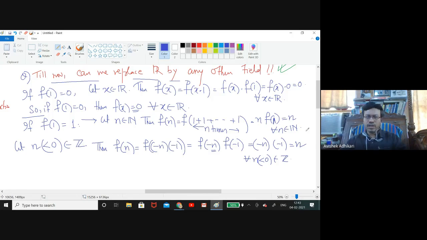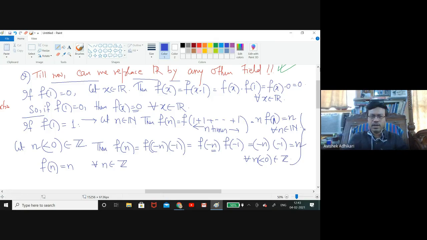So with these two, what will be our conclusion? In case of 0, due to the homomorphism property, f(0) always goes to 0. That's why for negative, 0 and positive we are done. That means f(n) equals n for all n belongs to the integers Z.